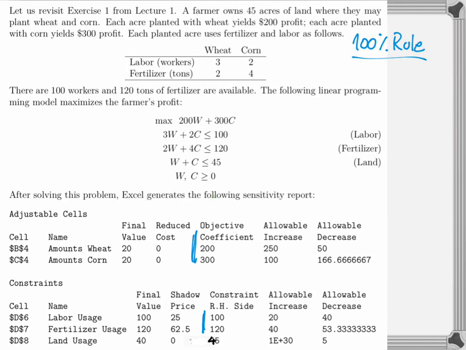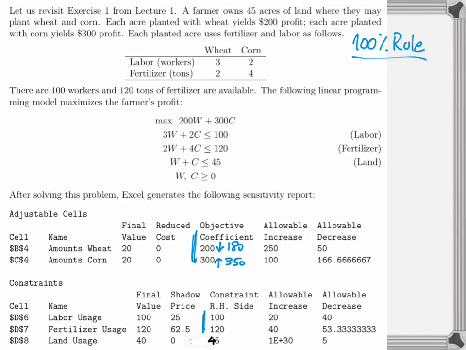Say I'm considering a decrease in the profit of wheat of $20, so it becomes 180, and the profit of corn changes up to become 350. So I'm increasing this by 50 and decreasing the wheat profit by 20.